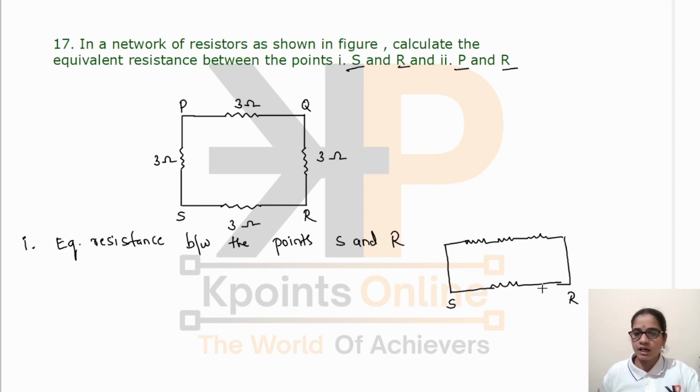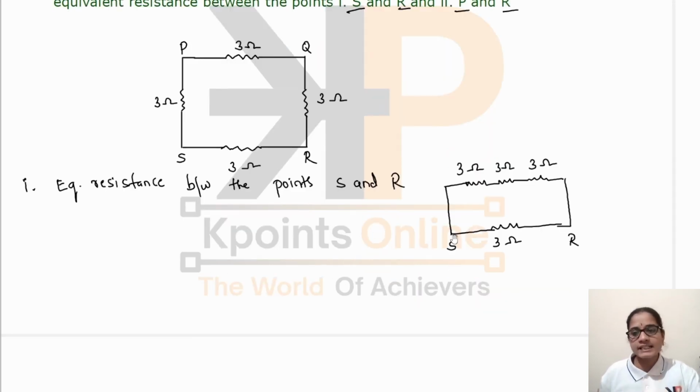between S and R. These three resistors are said to be connected in series, and these three resistors are in parallel with this resistor. When we consider the resistance between the points S and R, this is of 3 ohm, this is also of 3 ohm, and this is also of 3 ohm. It is also having 3 ohm resistance. Now we can easily calculate the equivalent resistance between these 2 points.